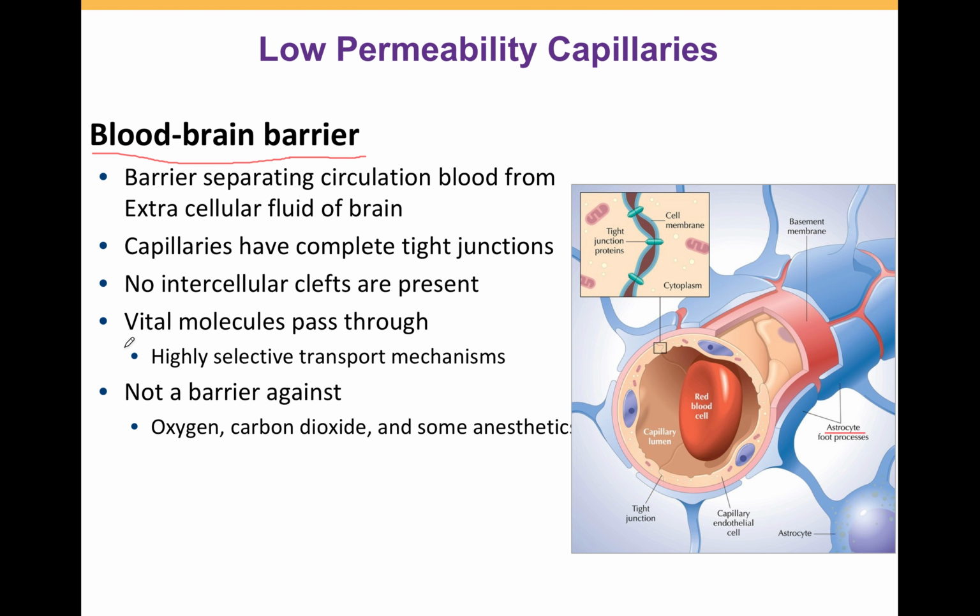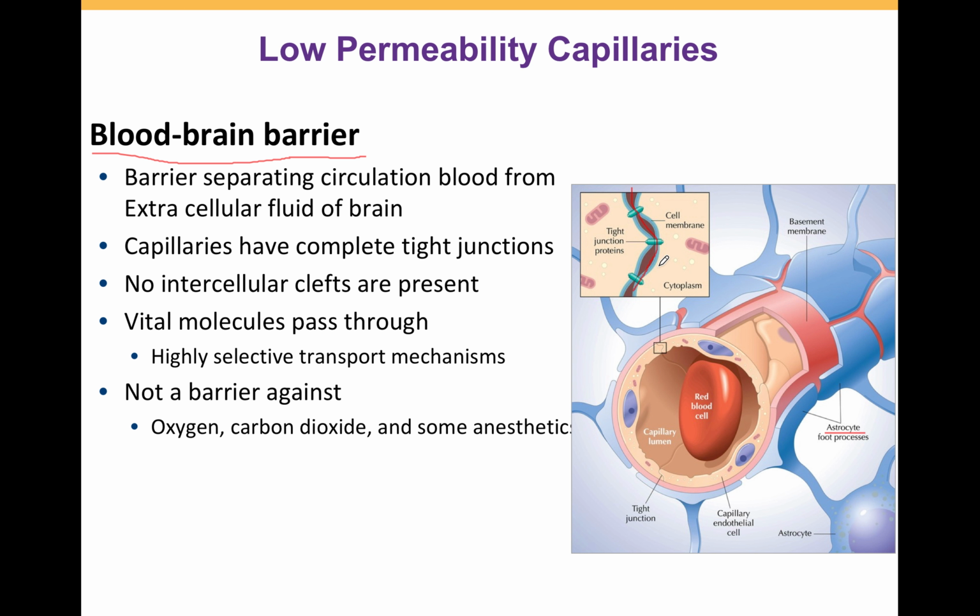Notice that you also have tight junctions that are separating these cells. They hold these cells together as another means to make sure nothing leaks out from the gaps between your cells. These gaps are present; there is no tight junction in the normal capillary bed for the other tissues.